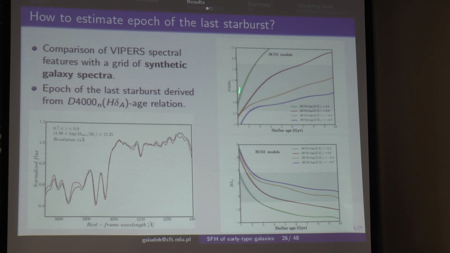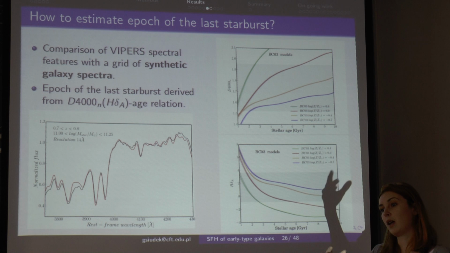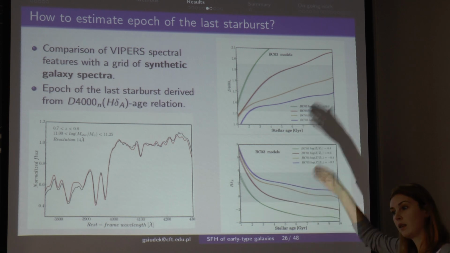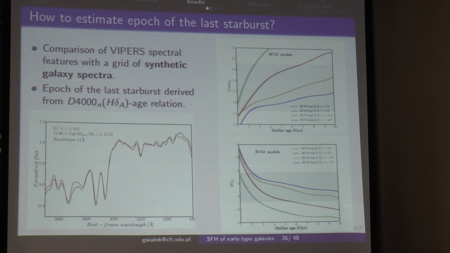From comparison of our measurements of D4000 and H delta with models, we can derive the epoch of the last starburst. And how do you generate these synthetic galaxies? I have some theoretical models and input parameters, what kind of stellar population I'm expecting, and I generate an artificial database, artificial spectra, in which I can measure my spectral lines.